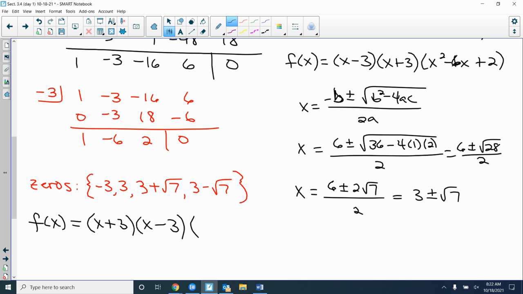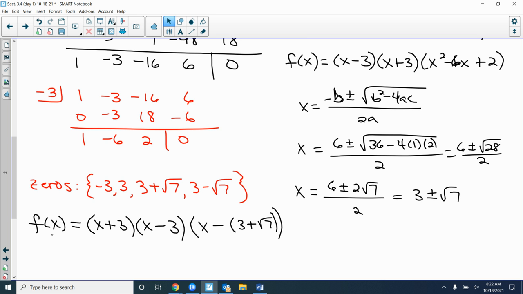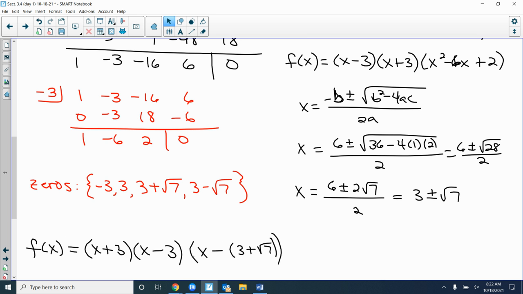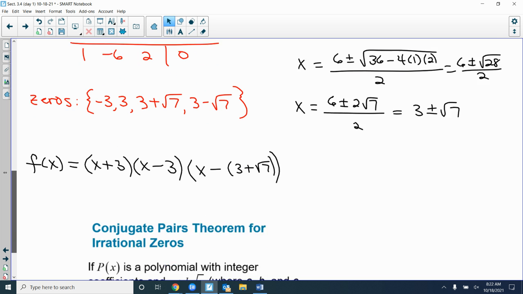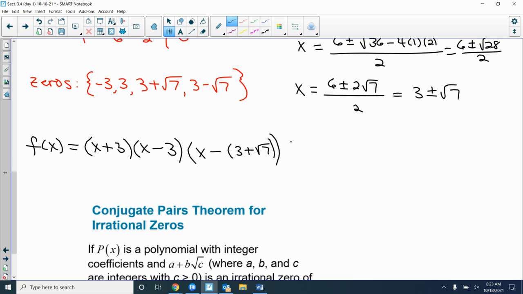This is how you write it. You will say x minus 3 plus square root of 7 and do it like that. And then if 3 minus square root of 7 is a root, we'll do it as x minus 3 minus square root of 7. That'll come into play tomorrow. So you can write it in factored form like that.